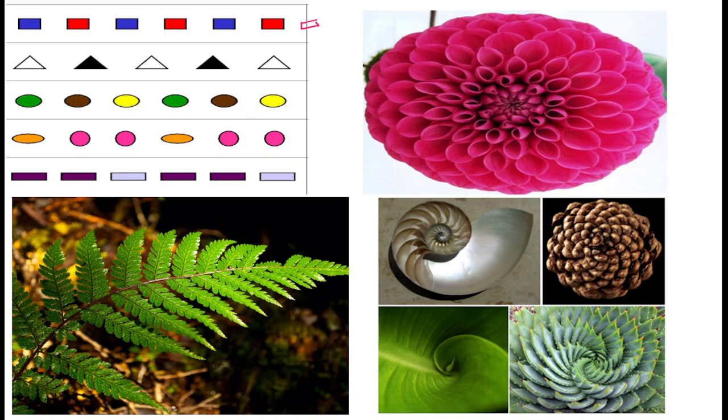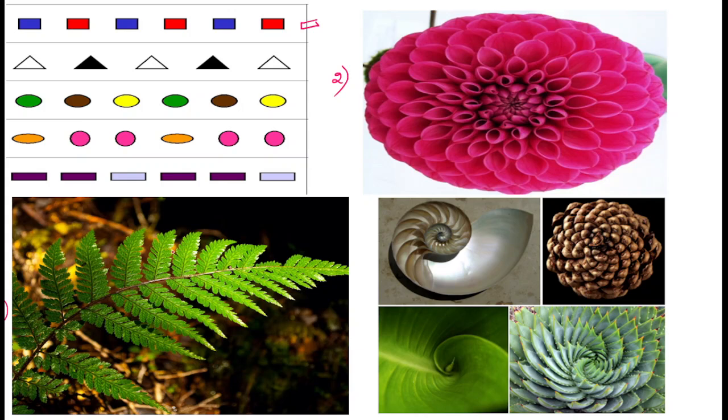In the same way, in picture 2 you can see a flower, and you can see a pattern even in the flower, isn't it? These are some examples in our day-to-day life where we can see patterns. See the third picture there, you can see a fern, isn't it?